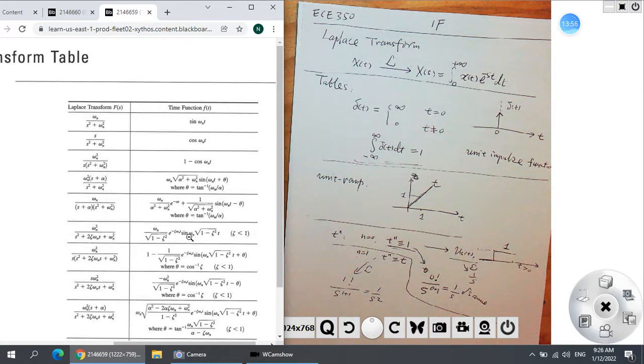This is an exponential power times sine, with certain coefficients. And this one has a constant in the numerator, and the denominator is a polynomial in s of order 2, with coefficients that look like this. We will use this one a lot later.